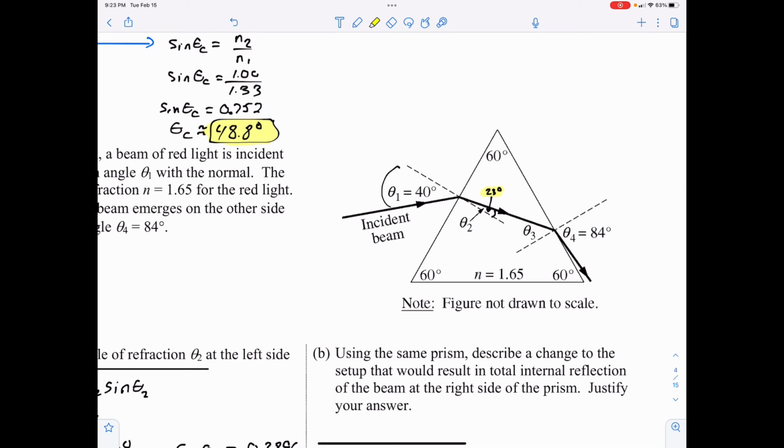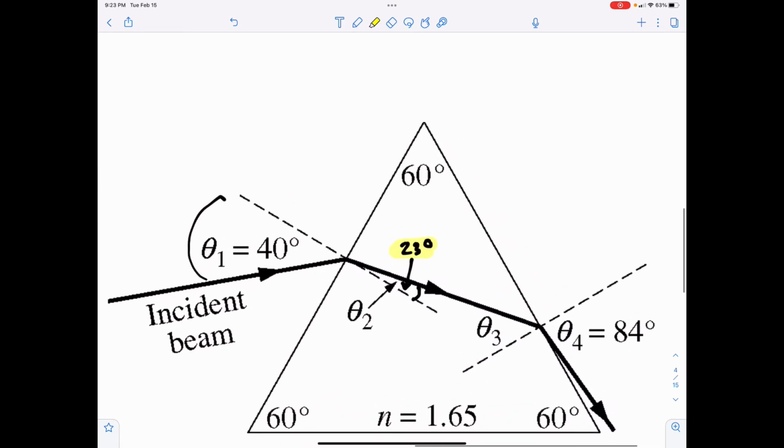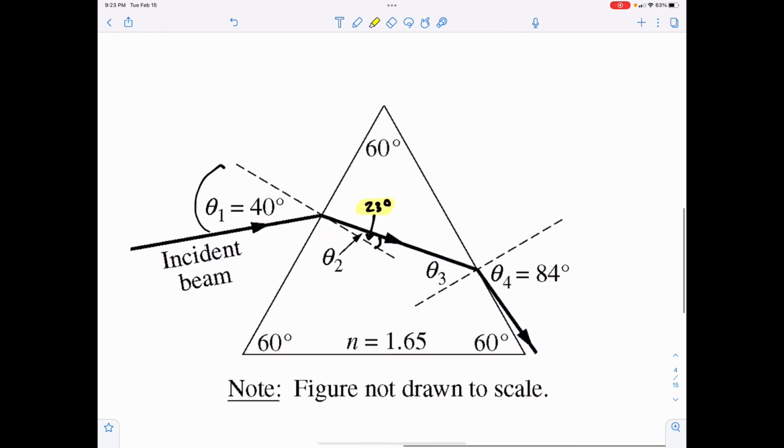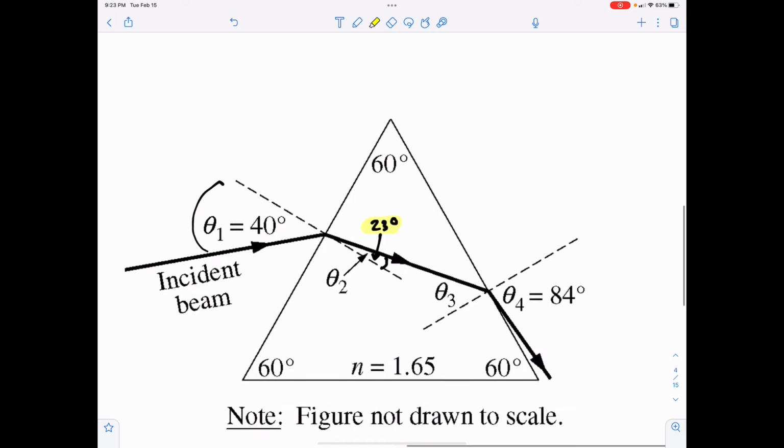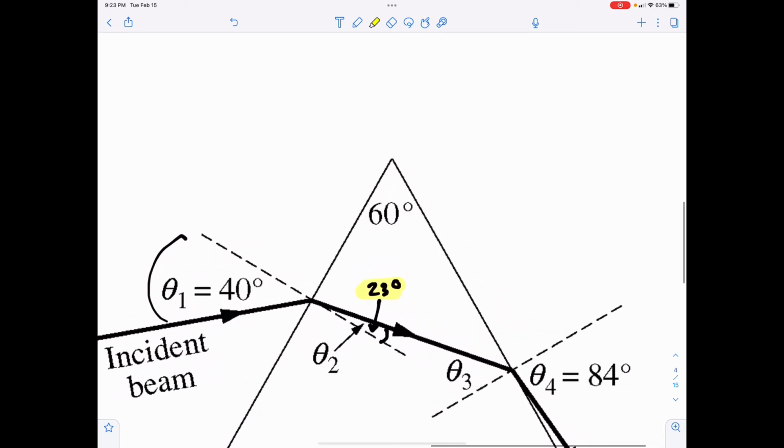Now, let's do a little math here to figure out what's going on, because if you look at what's going on here, this plus this has to add up to 90 degrees. So 90 minus 23 makes this a 67-degree angle. Now 67 plus 60 plus this have to add up to 180.